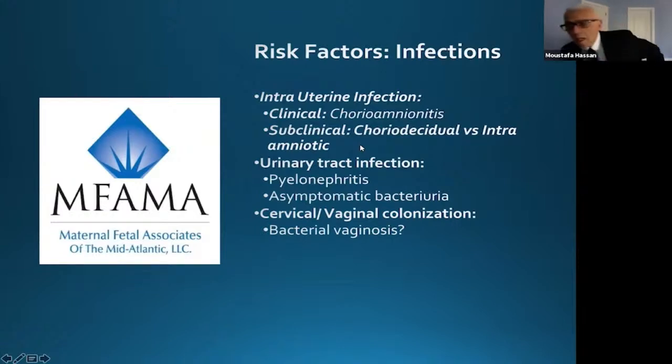You don't see it, but it's present if you check the pathology of the uterus, which is the infection at the level of the choriodecidual versus the intraamniotic infection itself. Urinary tract infections, you're familiar with pyelonephritis or asymptomatic bacteriuria, and cervical or vaginal colonization, such as bacterial vaginosis.